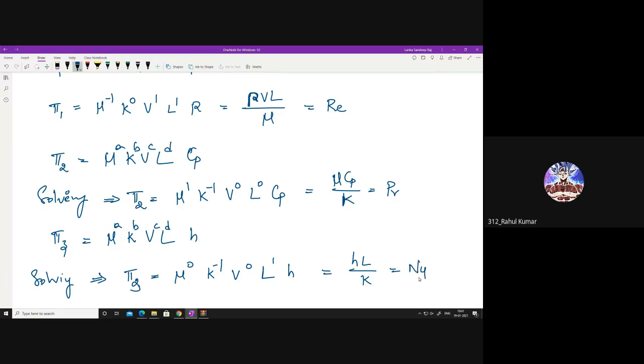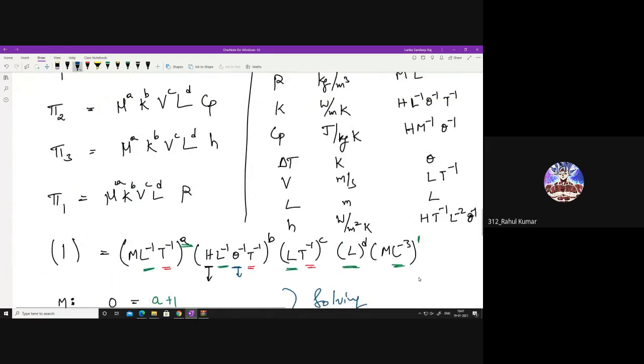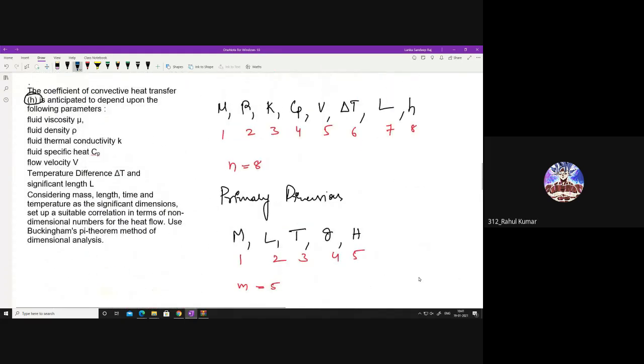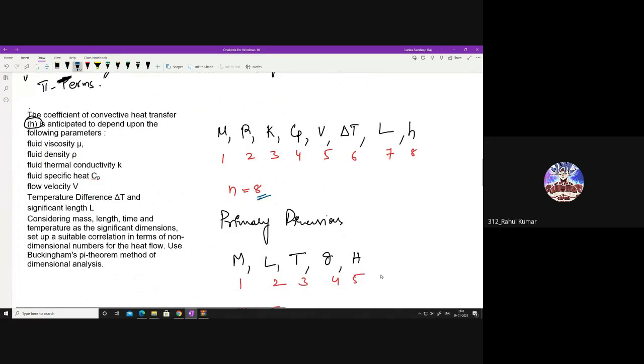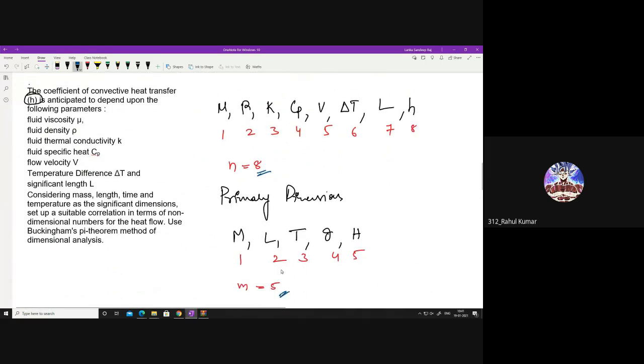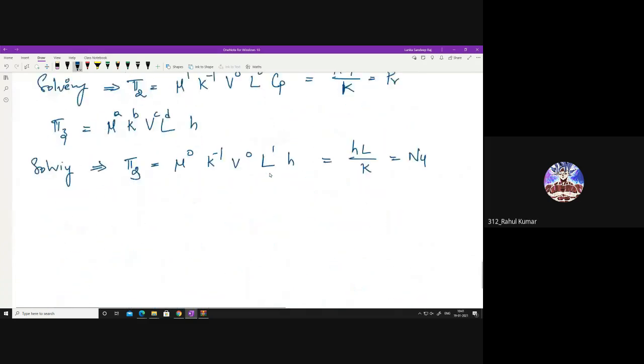See what we have done. We have taken n variables here. There are 8 variables, and we have taken 5 primary dimensions here. So n minus m is 3. That is 3 pi terms we got. What are those 3 pi terms?